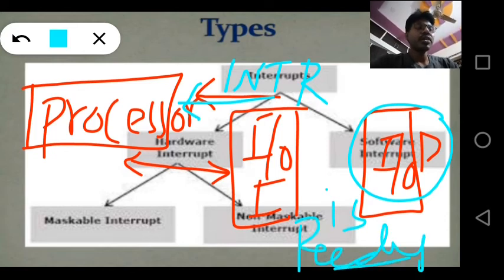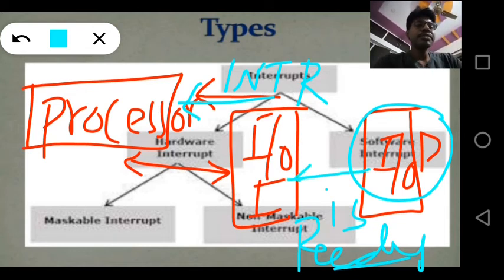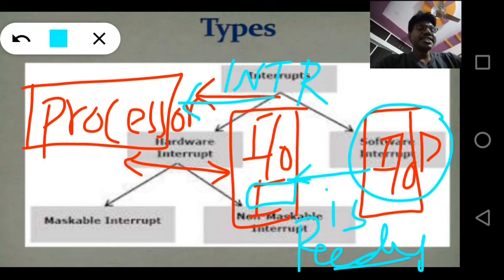Ready for what? Ready for sending or receiving information. So when the IO device is ready, it updates the status register. It maintains the status register of each input device. So it updates the status register that I am ready, and the IO interface generates an interrupt to the processor. This is called a hardware interrupt.